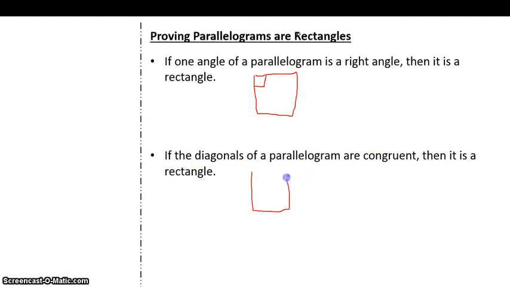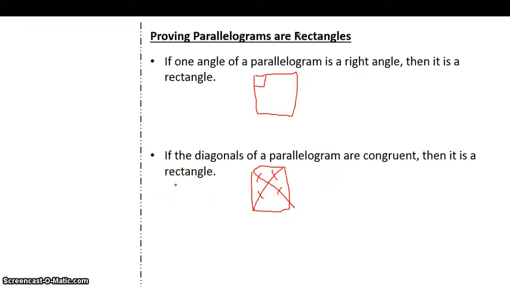So if you know it's a parallelogram and they draw in the diagonals, and remember how they show you the diagonals is if they put marks on all of these to show they're congruent to each other, that's showing that the diagonals are congruent. So if they show you this and you know it's a parallelogram by the directions or you proved it that way, then you can say it's a rectangle.